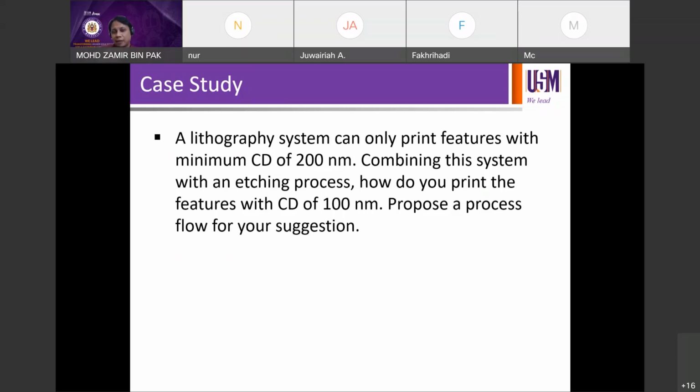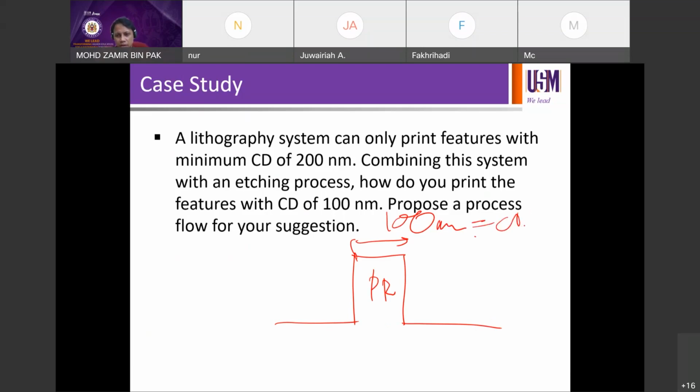You need to stretch the capability of your litho etch processes. So I want you to think of what is your proposed process in order to get 100 nanometer of your resist CD. And CD of your resist, ni photoresist PR. You want to get 100 nanometer of your CD, but your system is capable of 200 only. Tapi you nak halfkan capability. How do you do that? Okay, kita akan discuss this question tomorrow during the class.